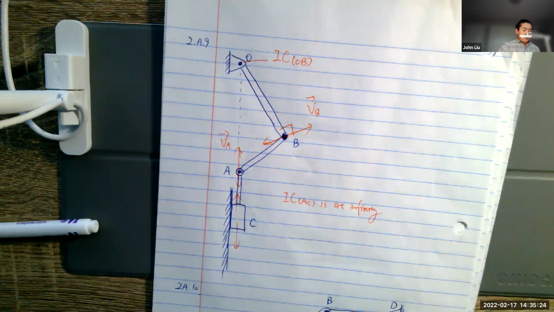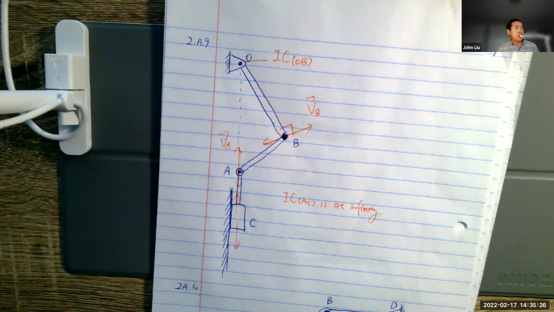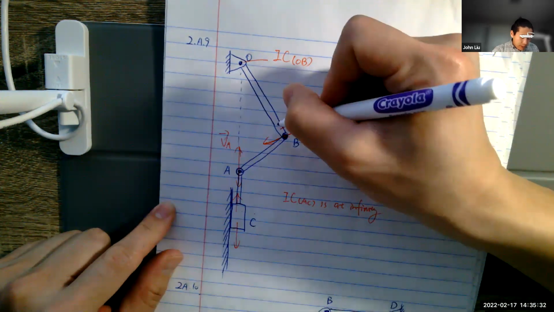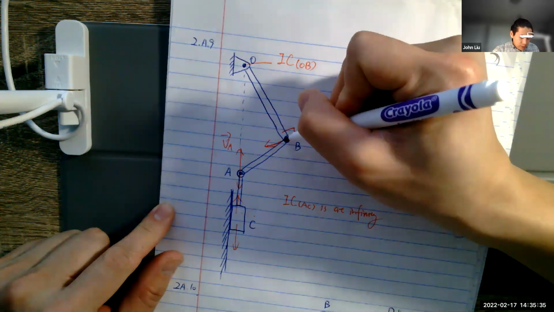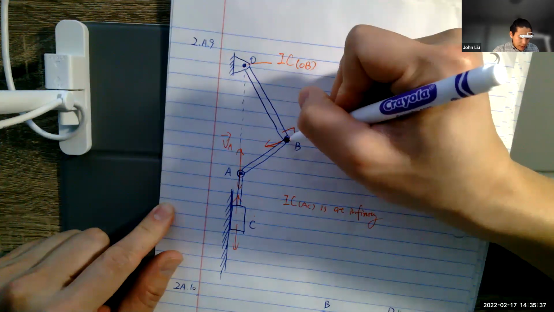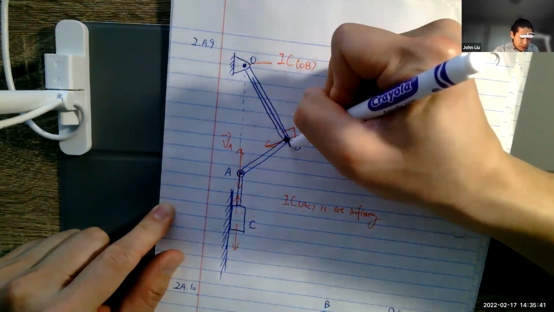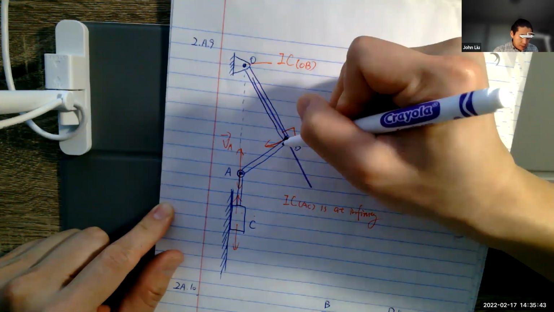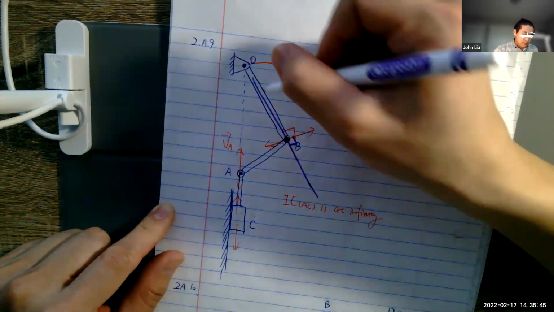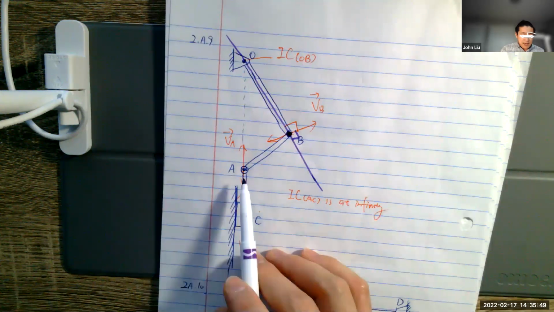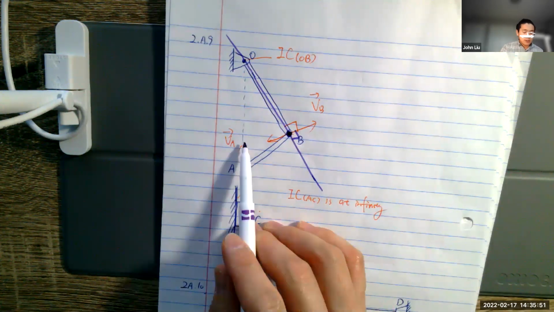All right. Once you know the direction of motion at two points on this rigid body AB, we can draw perpendicular lines. The perpendicular line passing through B is going to be the extension of OB. Make sure that's 90 degrees. Then another line passes through A, perpendicular to its motion.